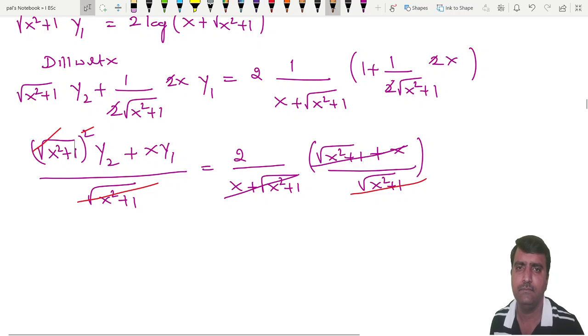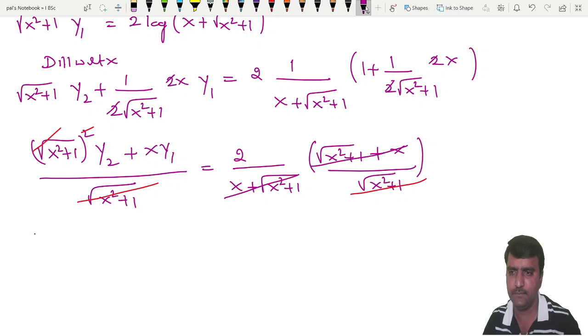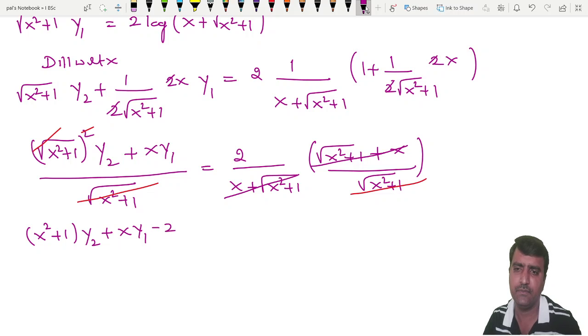Now remaining here is (x square plus 1) into y2 plus xy1. You take this 2 to the left hand side, it is minus 2 is equal to 0.